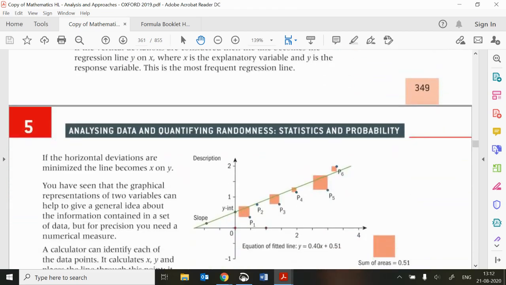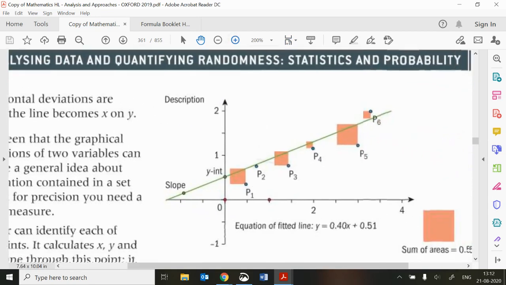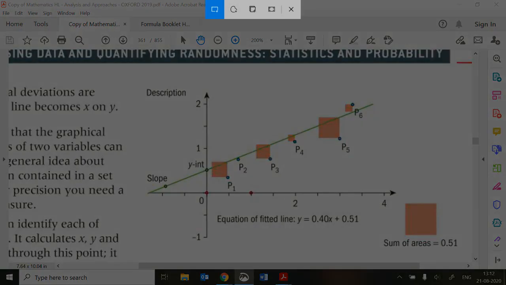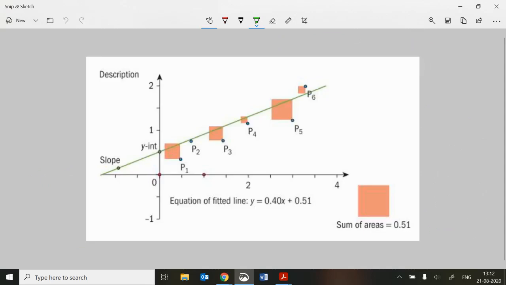Let's do it through this diagram, because this diagram is pretty nice. Least squares regression analysis is basically saying, let's make from each of our points a square by taking that point to the line and then squaring it. So basically we're squaring our residuals there.